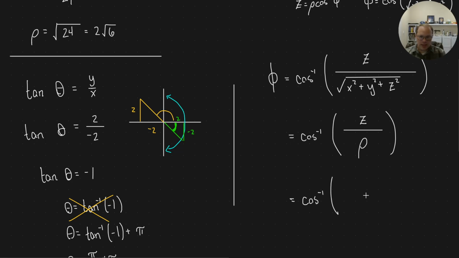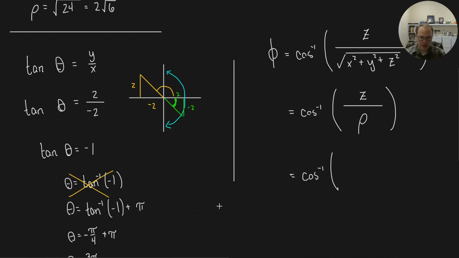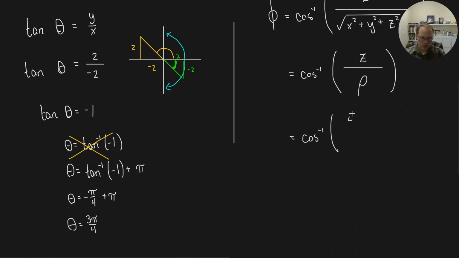Let's plug in. Z was 4, and rho is 2 square roots of 6. So 4 over 2 square roots of 6. Or, if I cancel out the 2's, arc cosine of 2 over root 6.